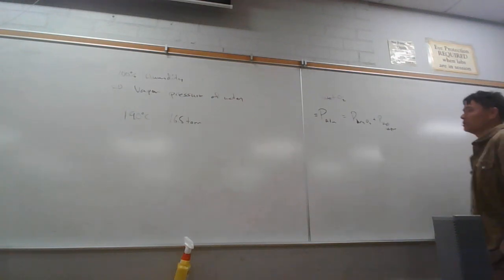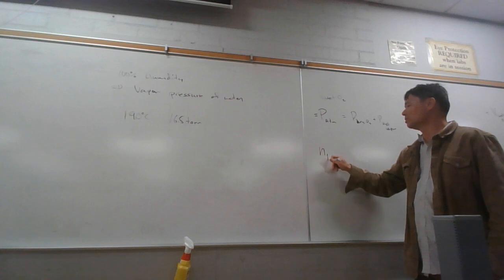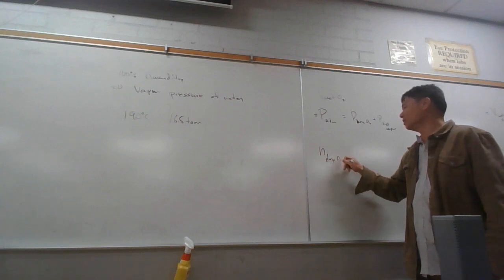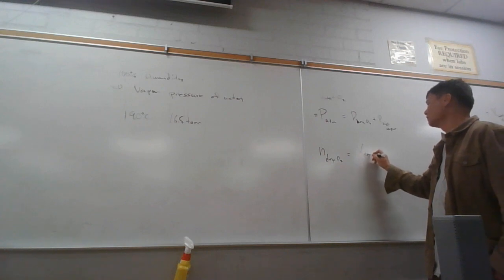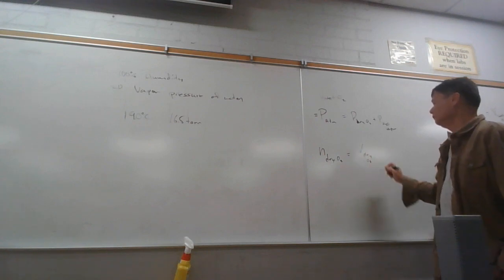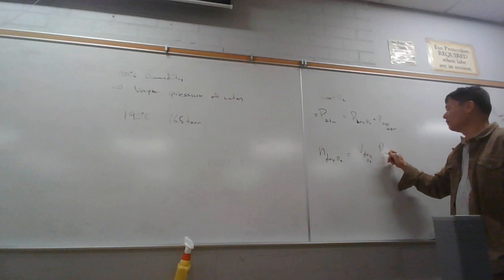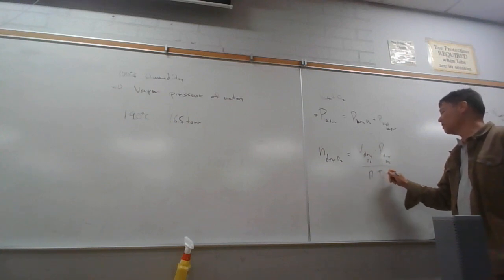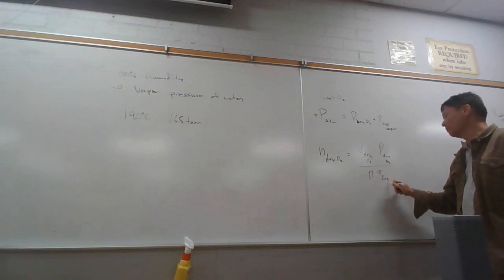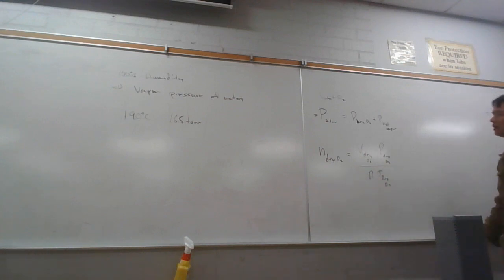And so what we want is the moles of dry O2. The moles of dry O2 is going to equal the volume of the dry O2 times the pressure of the dry O2 divided by R and the temperature of the dry O2. The temperature is easy.